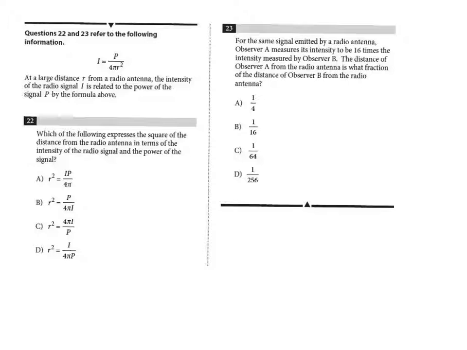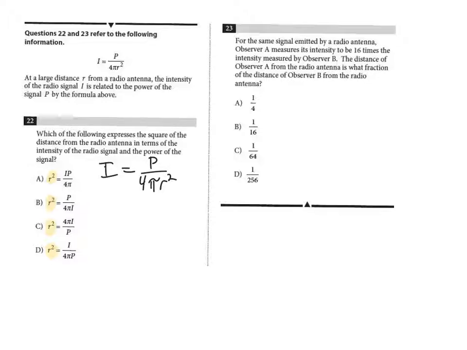Well, again, this is similar to a lot of problems that we've already done. You want one variable in terms of the others. So all you're doing is solving for r squared in this problem. So I'm just going to write the problem down. The intensity equals the power divided by 4 pi r squared.